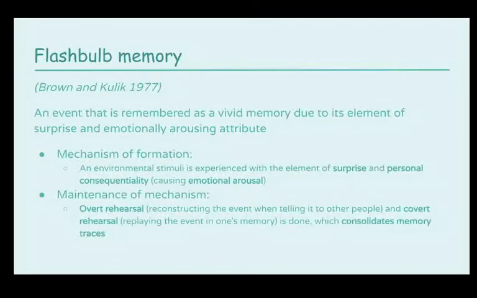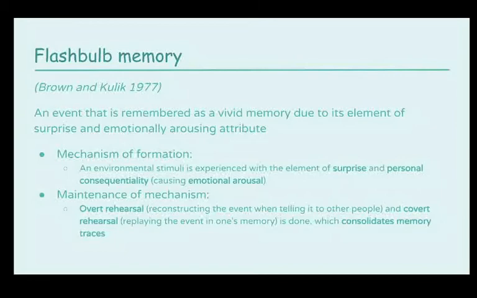So a very popular theory when it comes to emotion and cognition would be flashbulb memory, which was proposed by Brown and colleague in 1977.